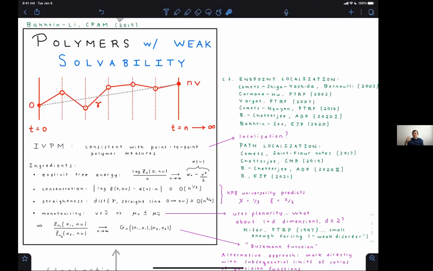These are nice results, but they do not tell anything automatically about the infinite volume, about localization of the polymers of infinite lengths. But that seems a very interesting problem in itself. And so maybe that's what I wanted to say here.